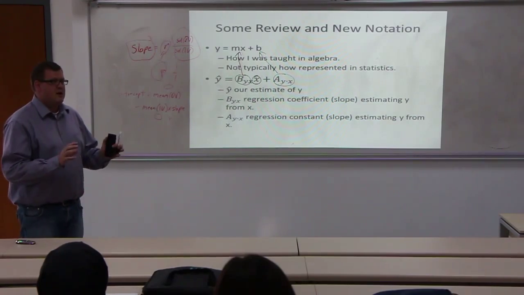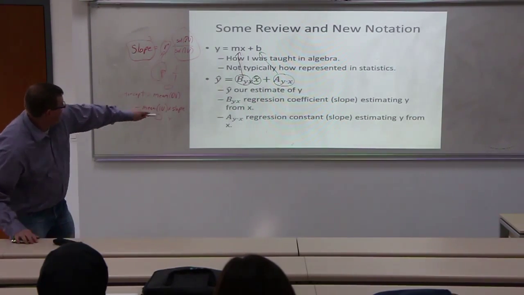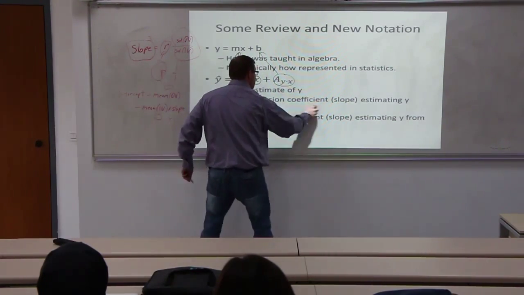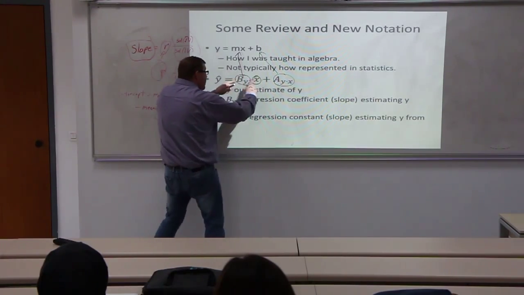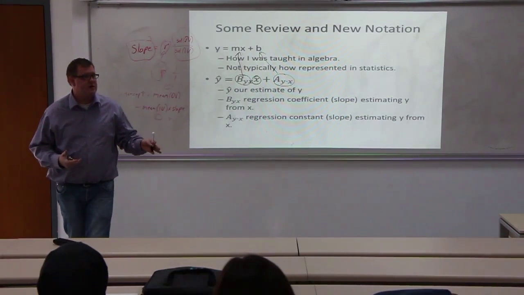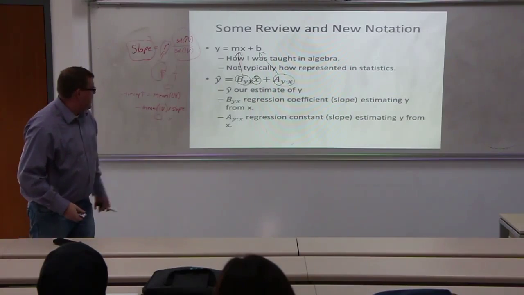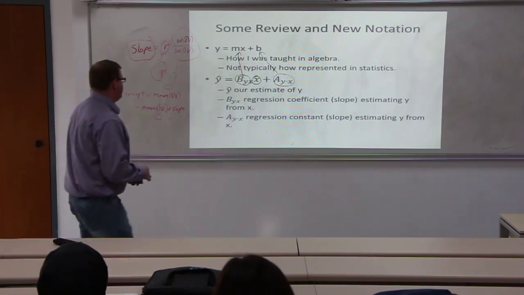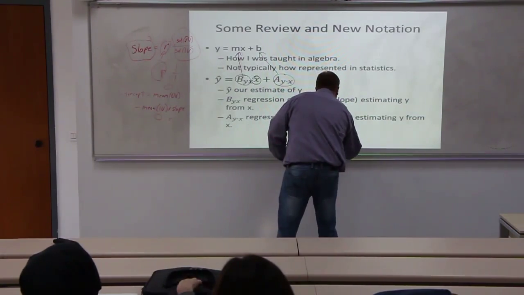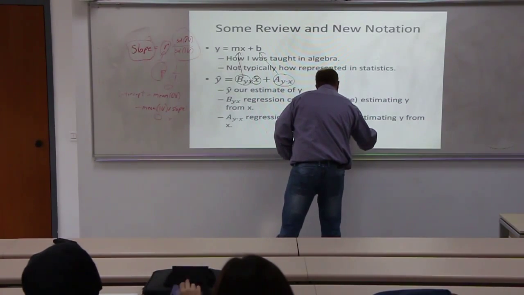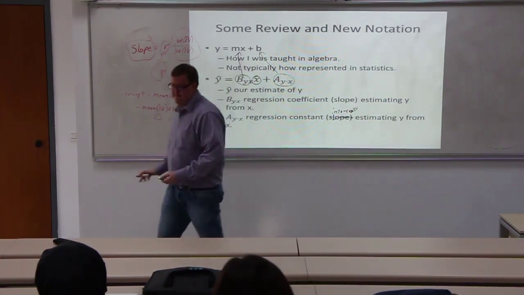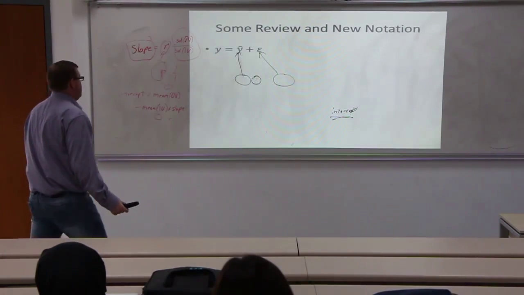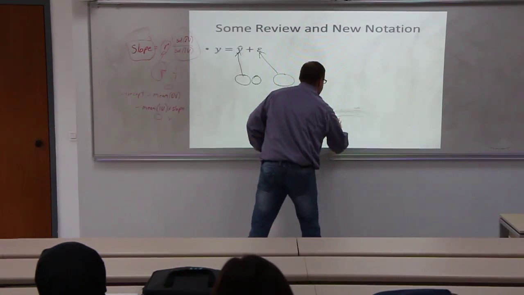Right? We have something that is affecting our values by multiplying with x. That's the coefficient. And the constant, that's the intercept. I'm sorry, this should not be slope. This should be intercept. Okay? So really no big deal. All right.